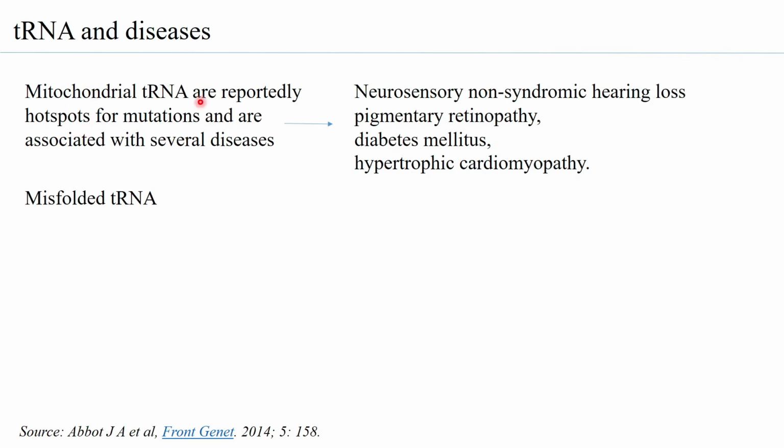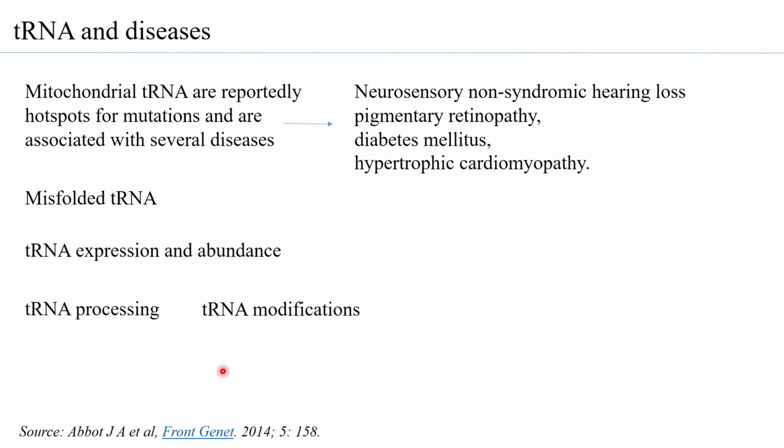Now, the diseases are not just because of mutations in the mitochondrial tRNA, although many have been associated with mitochondrial tRNA. The diseases can also be because of misfolded tRNA, or because of altered tRNA expression and abundance, or because of tRNA processing not taking place properly, or because of tRNA modifications being altered, or tRNA aminoacylation not happening.